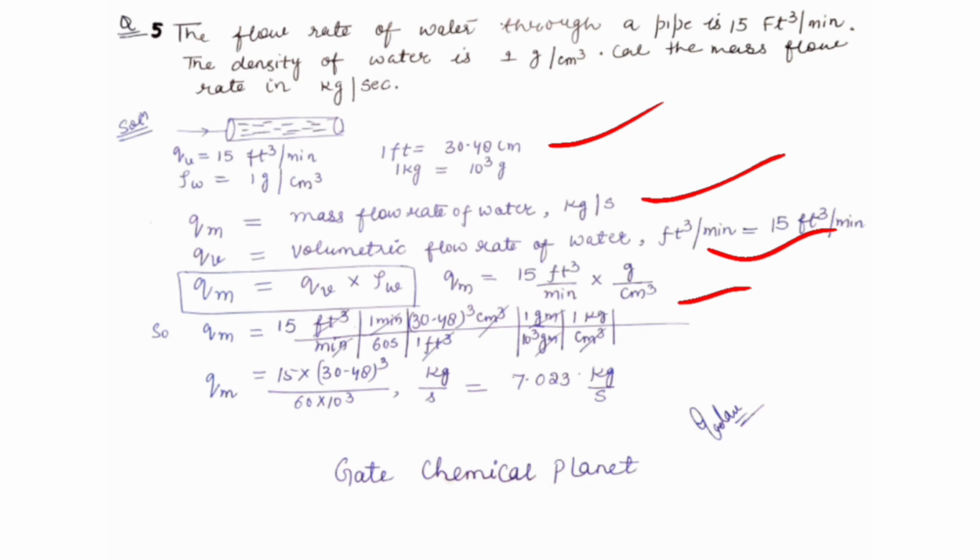Okay, so now in the final answer for mass flow rate of water, we will have 7.023 kg per second. So the final answer is in kilograms per second. So what we have done here, we have applied the conversion first for minutes, and then for feet, and then for grams. Okay, and now we have converted it into kilograms per second.